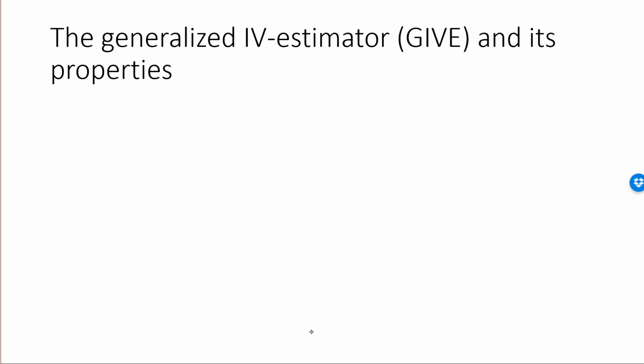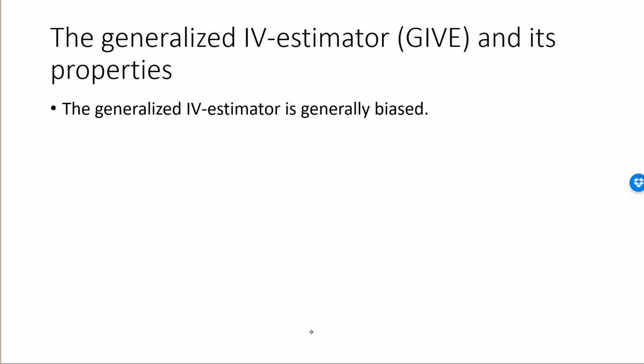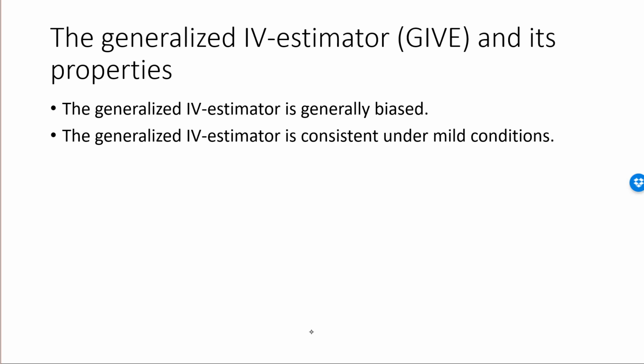So here is what we can say about the generalized IV. It's also unfortunately generally biased, but the bias tends to go away as n increases, and it is consistent under mild conditions. But remember, it is consistent even when I have one instrument per endogenous variable.